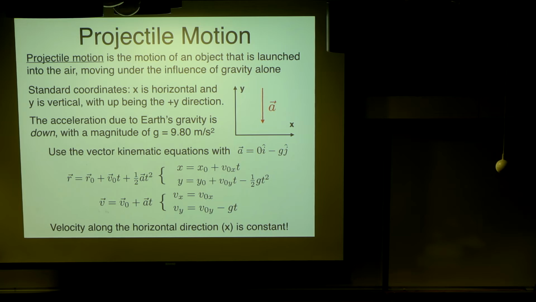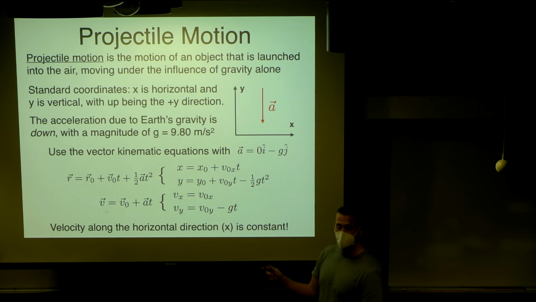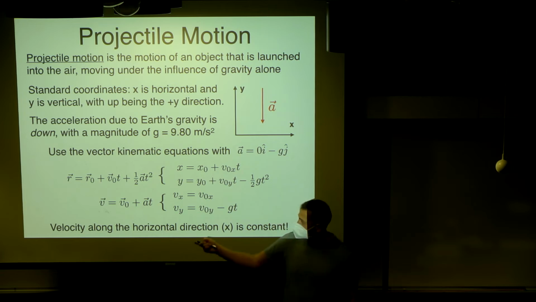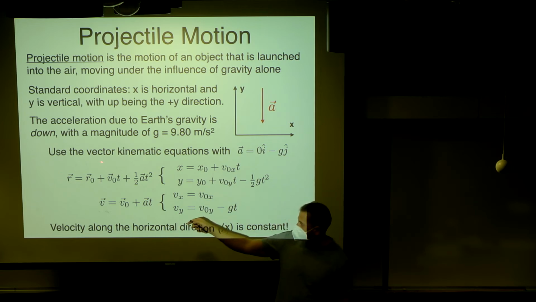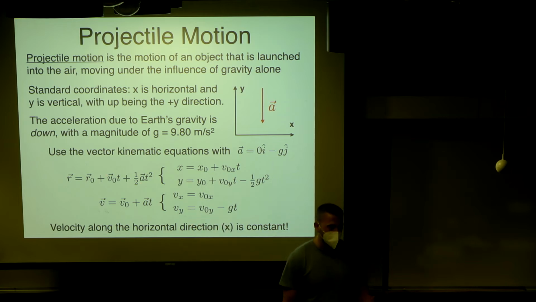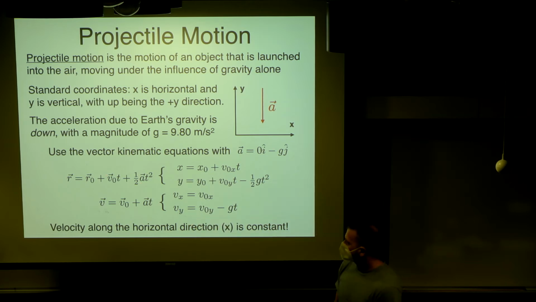All right, so this is what we call a vector kinematic equation for position. It's the same one that we've seen before, except all quantities like position, which we call r, and velocity and acceleration, they're all now vectors. Okay? And same with this equation for velocity. Same equation from before, but everything is now a vector.